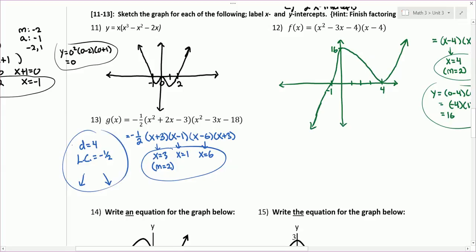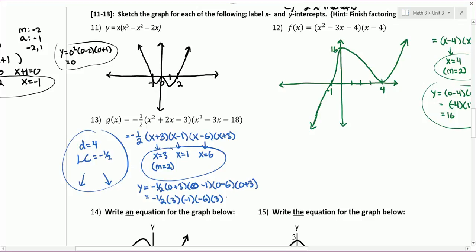And then lastly, we want our y-intercept. The y-intercept comes from plugging in 0 into this equation, wherever there's an x. So we end up with negative 1/2 times 3 times negative 1 times negative 6 times positive 3.